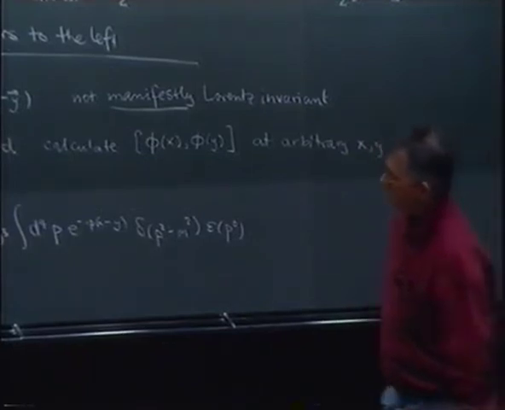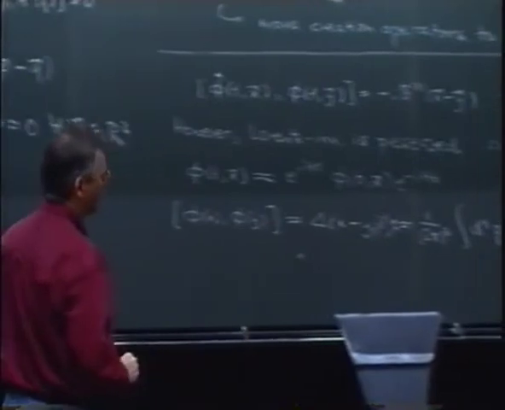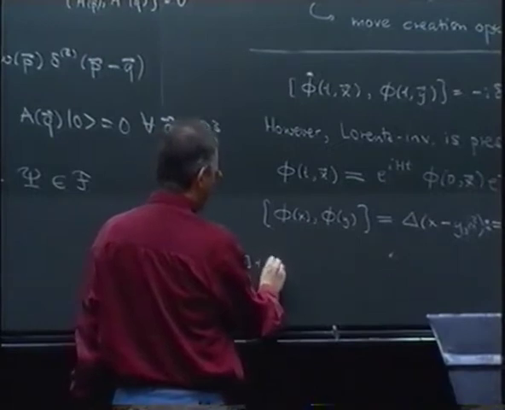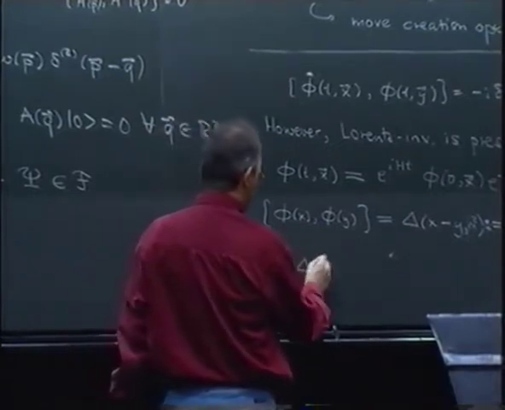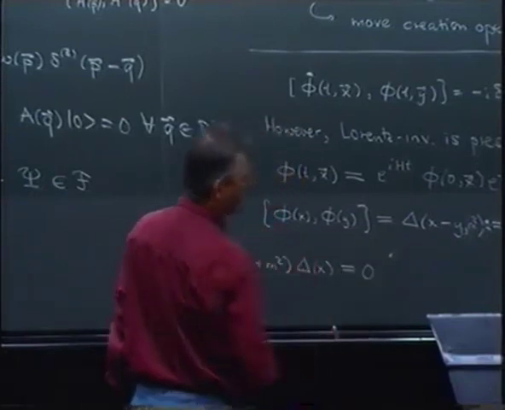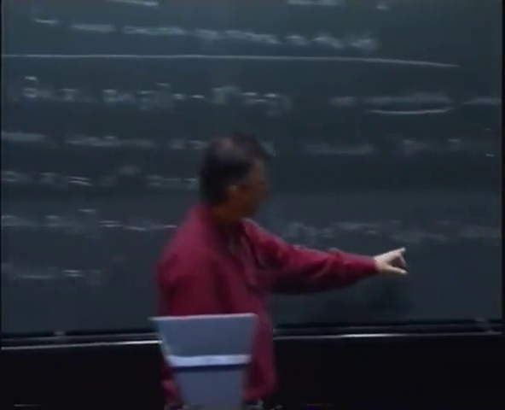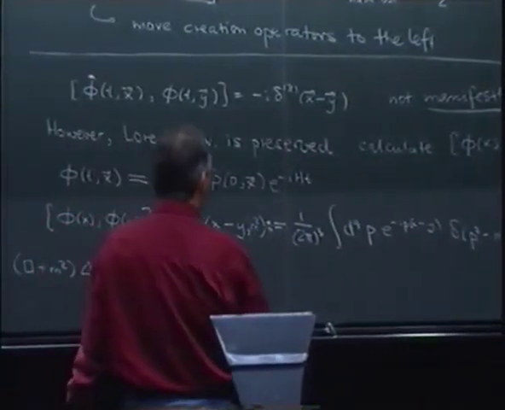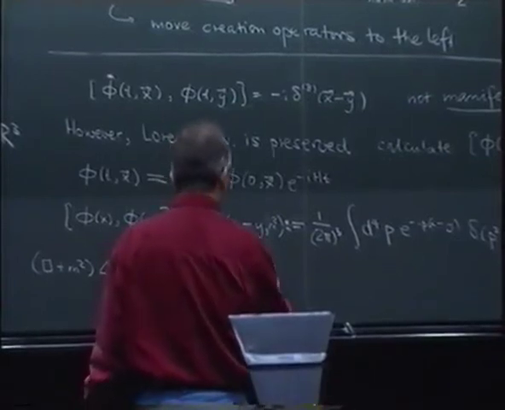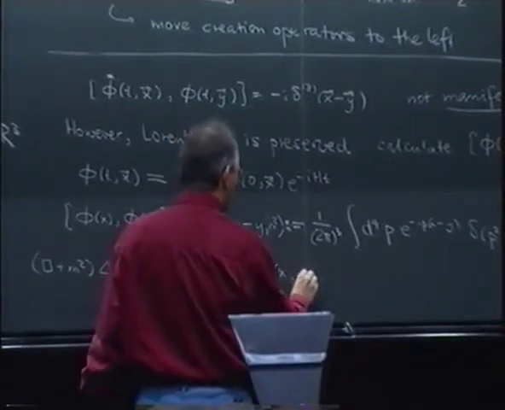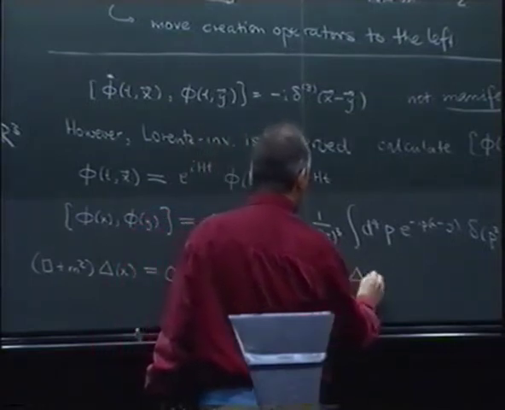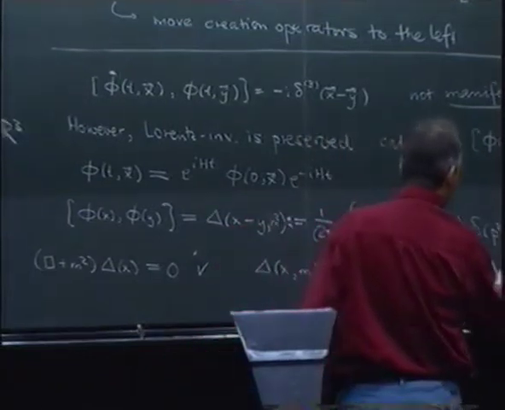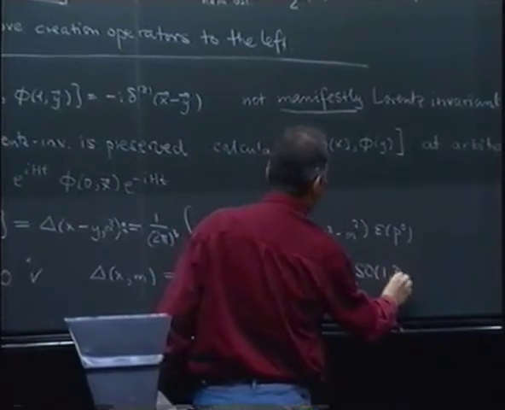Now, given this, you can check that indeed, well, first of all, you can check that this function satisfies the Klein-Gordon equation. Well, that's obvious, it was built in from the beginning with this delta function. But you can also check that delta of x m is equal to delta of lambda times x m, where lambda is some Lorentz transformation.